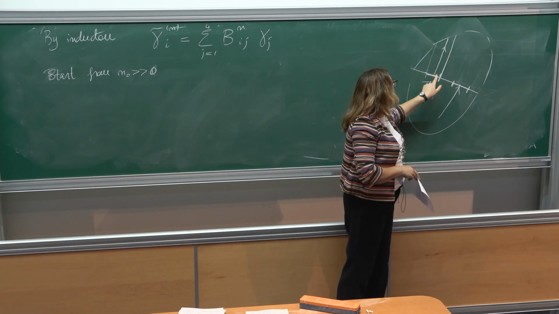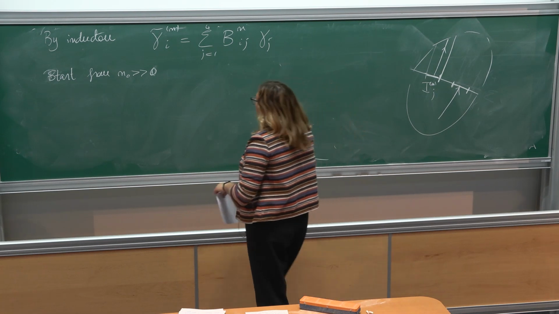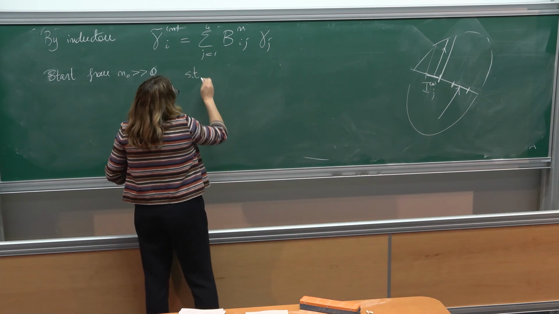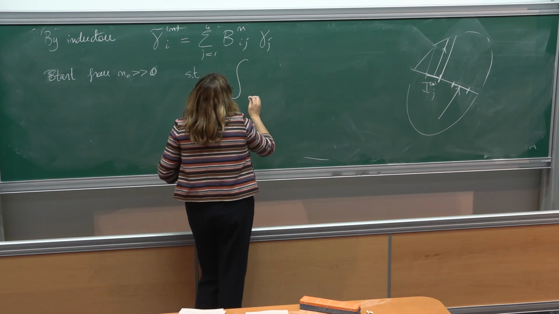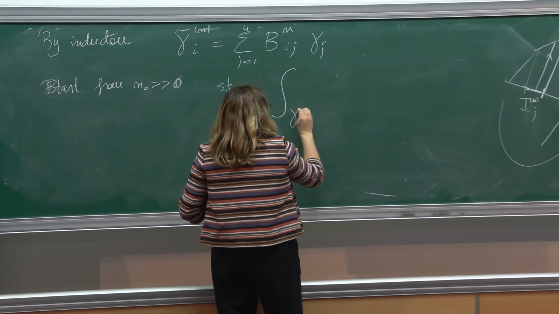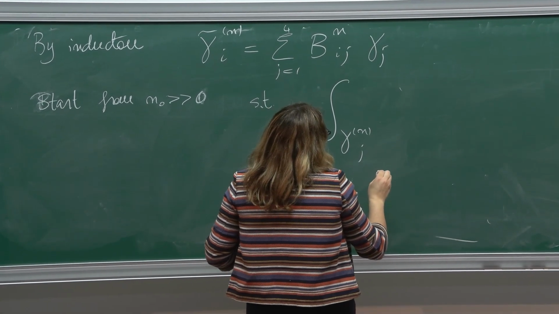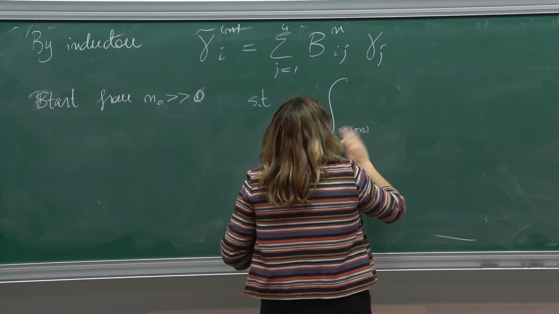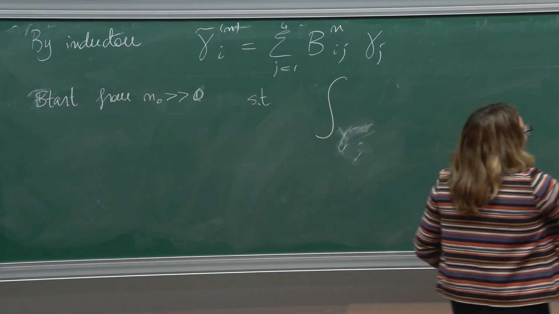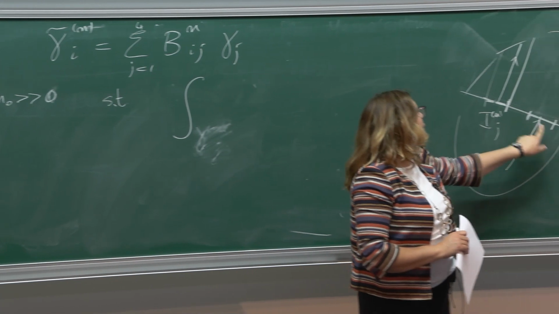If I change the point, if I consider the integral over gamma n j, this is one point and one way that it returns.